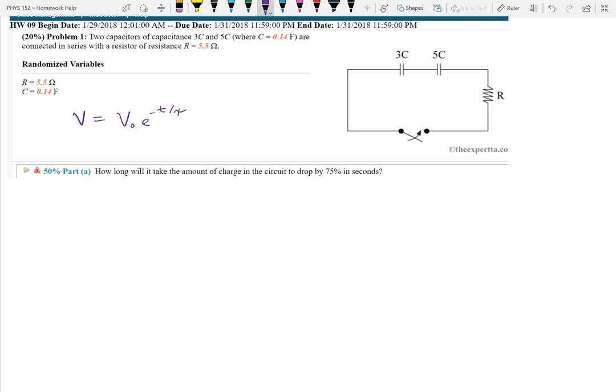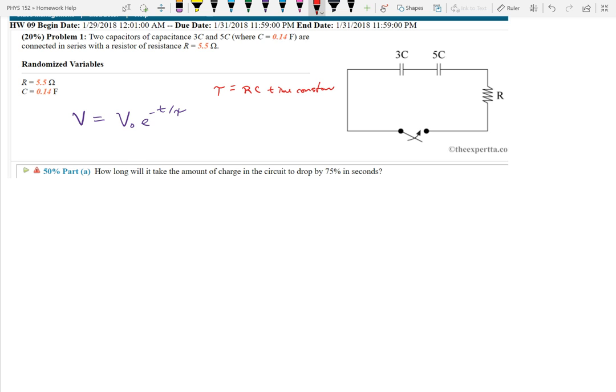What is tau in this equation? Time. T is time. What is tau? Like the percentage. No, tau is what we call the RC time constant.